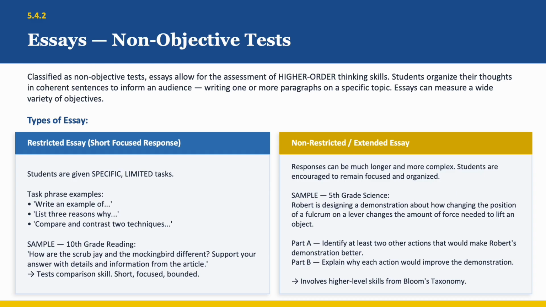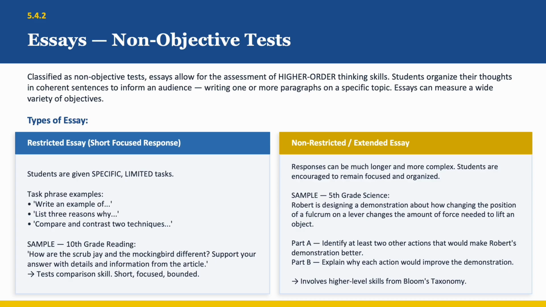The major strength of essays is that they can assess higher order thinking skills like analysis, synthesis, evaluation, application, and so on. Students must organize their thoughts, construct arguments, and communicate ideas coherently. That's a richer form of assessment.